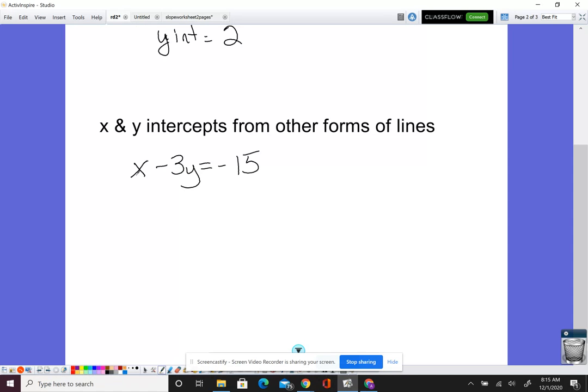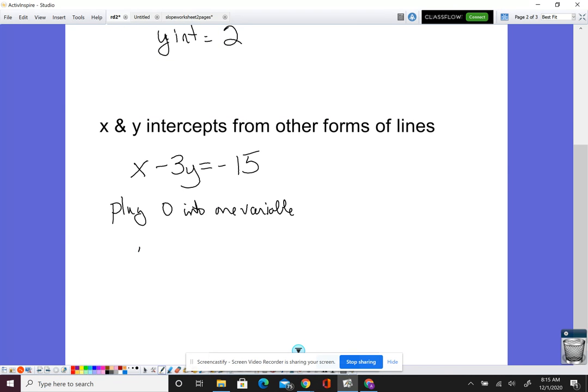So if we want to find both of the intercepts, we are going to plug 0 into each of the variables, but one at a time.